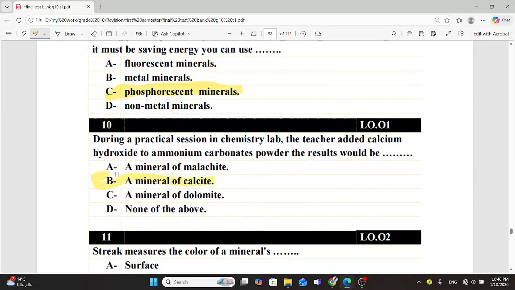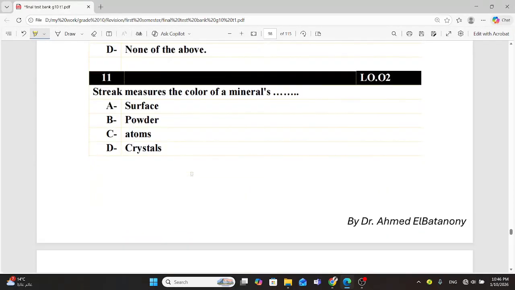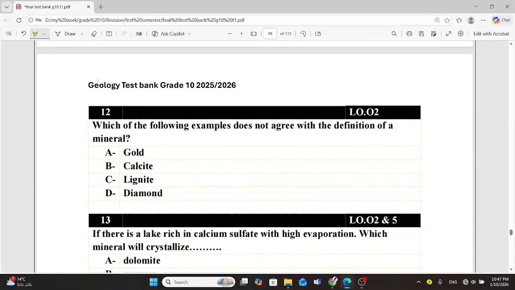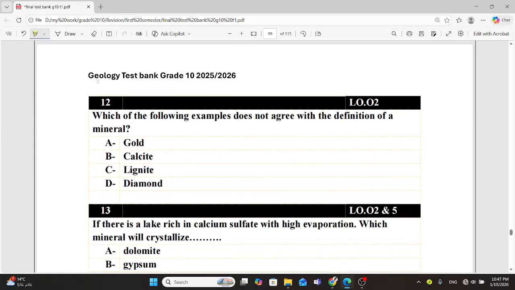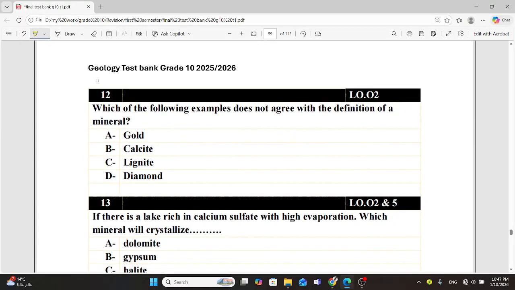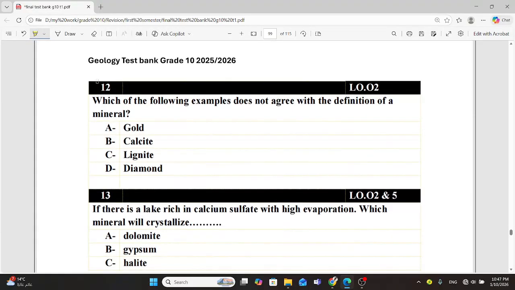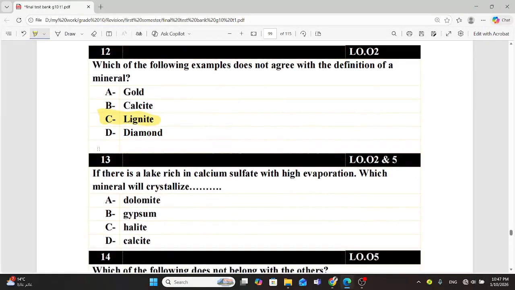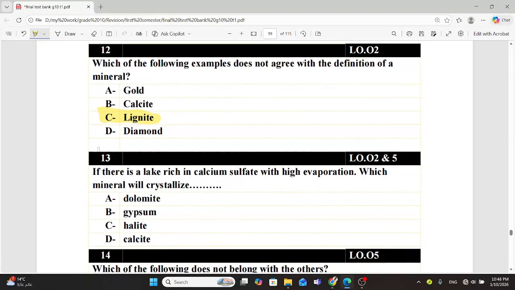Mineral of calcite. طيب اللي بعد streak measures the color of mineral's powder. 12. Which of the following examples doesn't agree with the definition of a mineral? Gold ولا calcite ولا lignite ولا diamond؟ lignite لأن هو المتحول من أشكال الكول اللي هو الفحم.